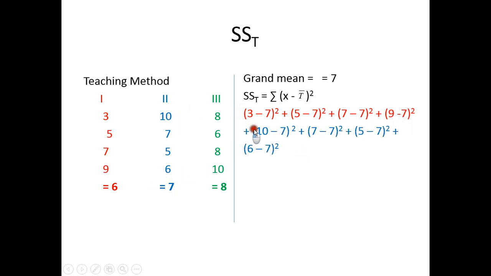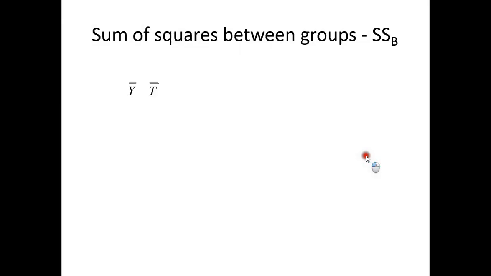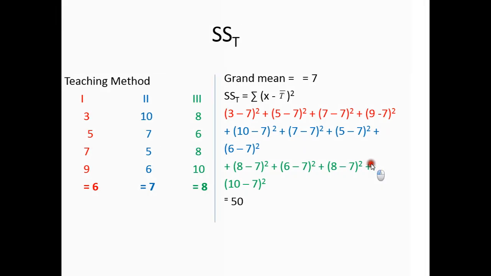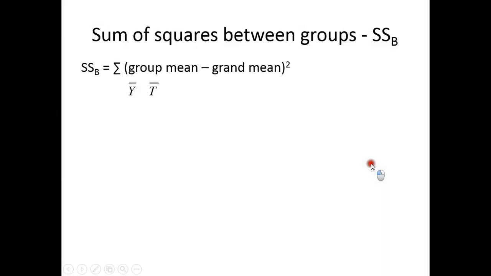Plus, for the next group, 10 minus 7 squared, 7 minus 7 squared, 5 minus 7 squared, plus 6 minus 7 squared, plus 8 minus 7 squared, 6 minus 7 squared, plus 8 minus 7 squared, plus 10 minus 7 squared, to give you a total variance of 50. So for each group, it's just the difference between the participant score and the grand mean, the mean of all of the scores, squared and summed together. You do that for the whole sample to find the total variance.